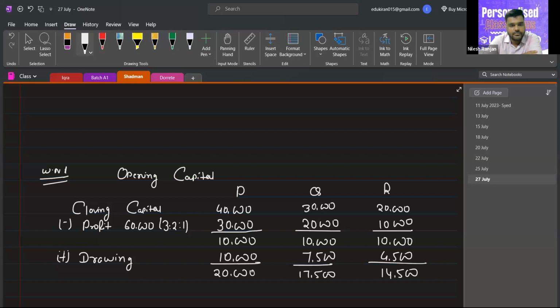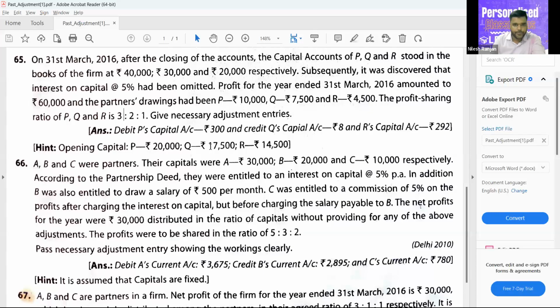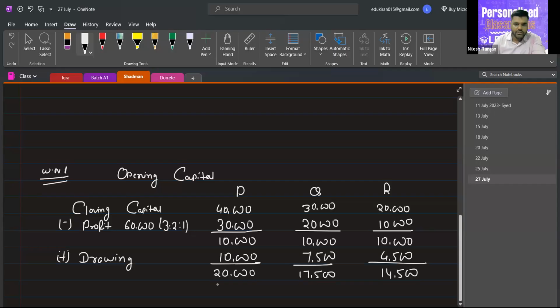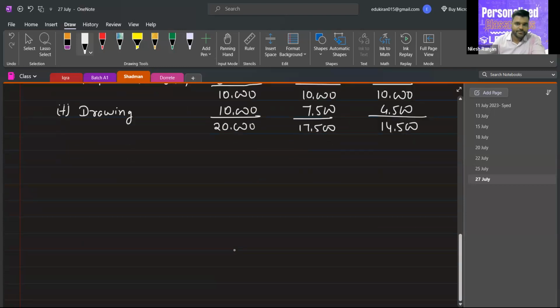If interest was not omitted, you would add interest also. Interest would be added in the closing capital, so it will be deducted here. So now we know the opening capital, and we can calculate interest. Working note number 2, interest on capital.